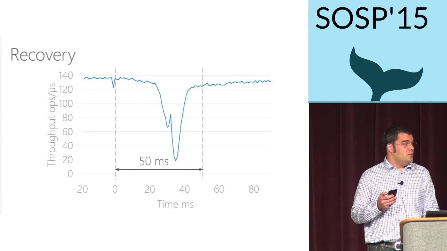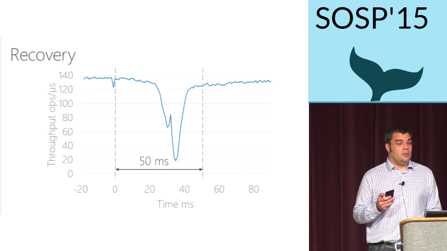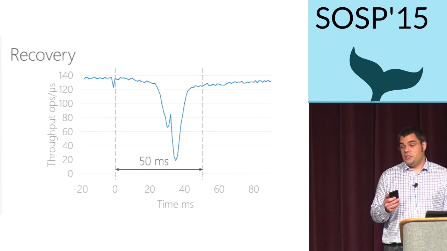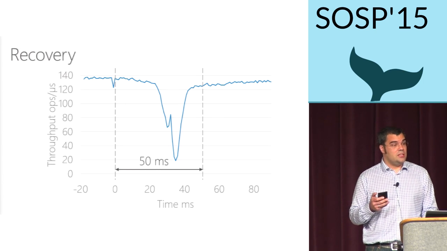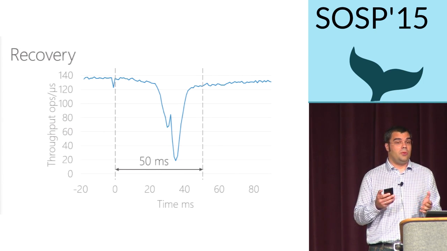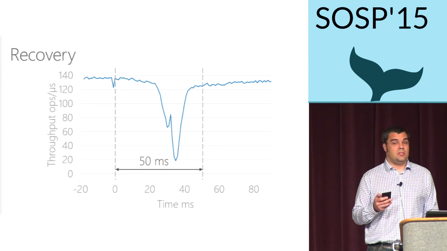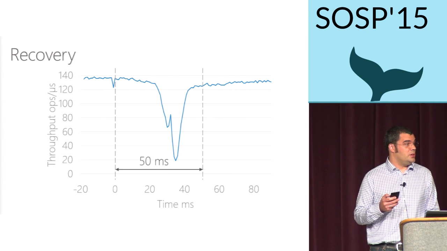As you can see, we are able to recover most of the throughput very quickly after the failure, in 50 milliseconds in this particular run, which is sort of the latency that some other systems have for their operations, even when there are no failures.